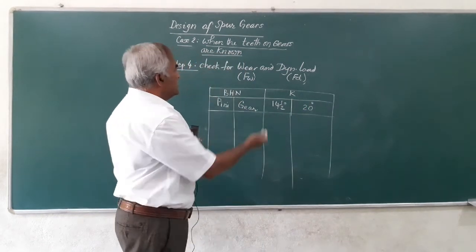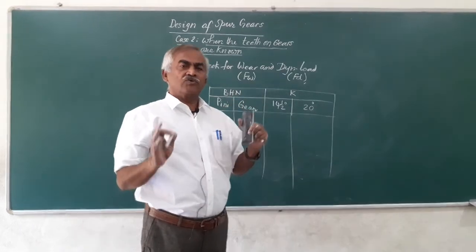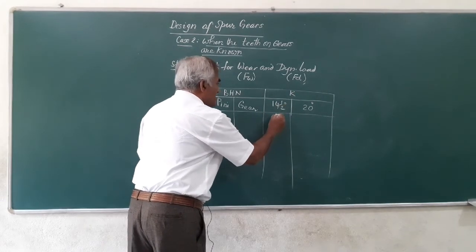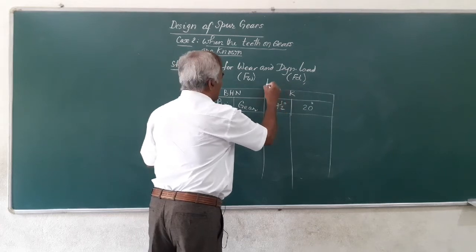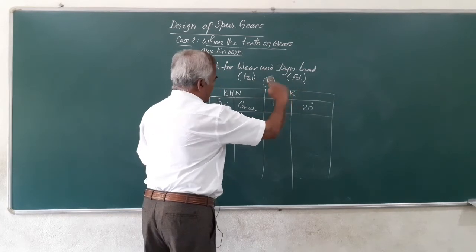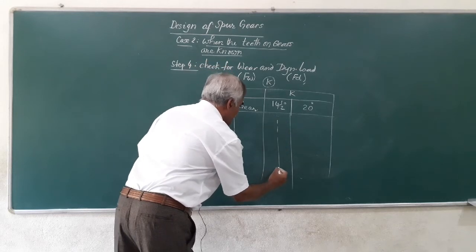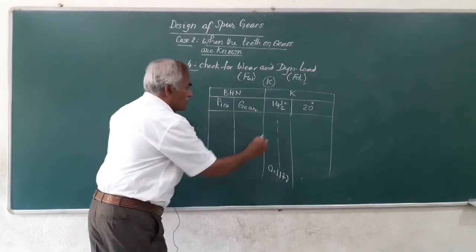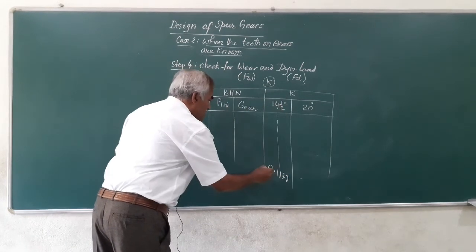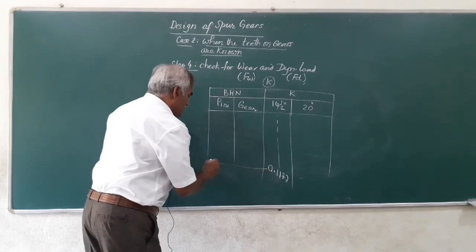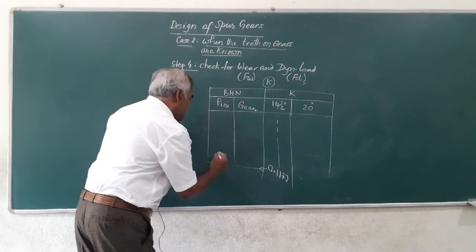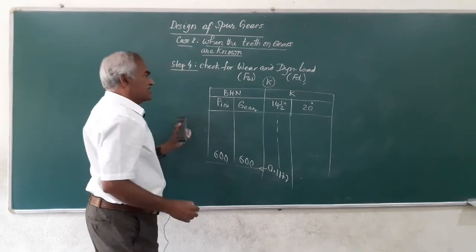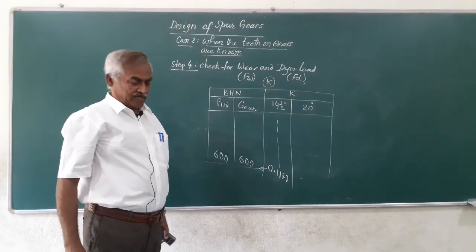So friends, by equating Fw and Fd, you have got the value of K. In this problem I am following the 14.5 degrees profile. So corresponding to the value of K you have got by equating Fw and Fd, say for example, you have got a value here, say 0.1177, some value. You move this line to the left, and you will get say maybe BHN for the pinion 600 and that for the gear is 600 BHN.